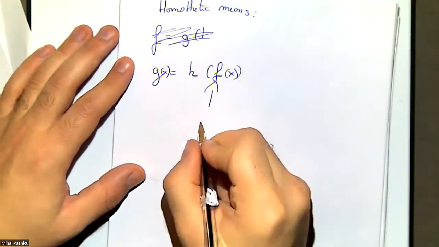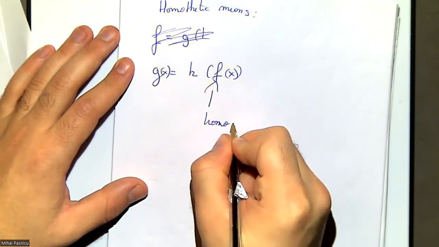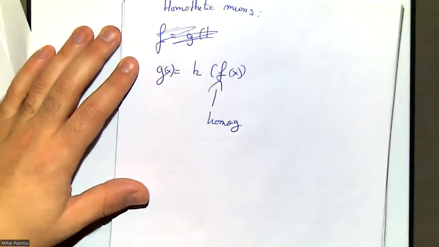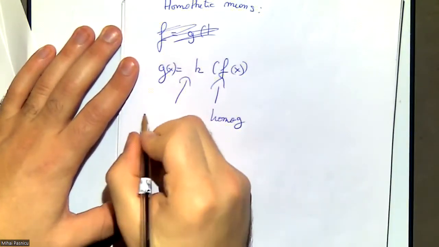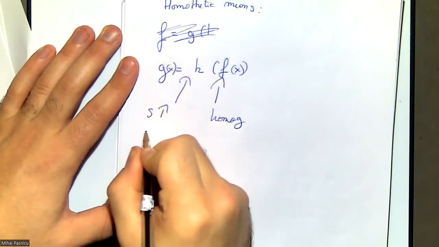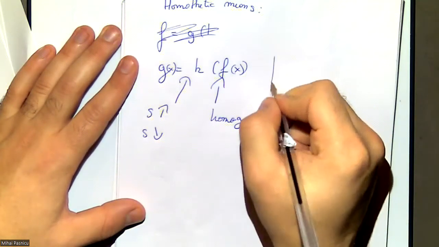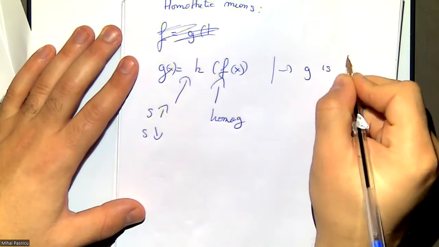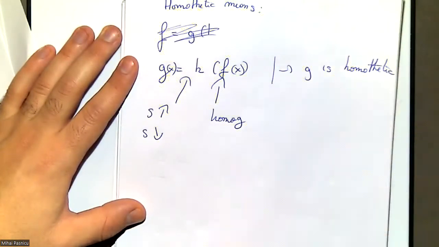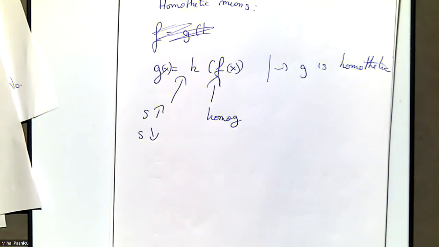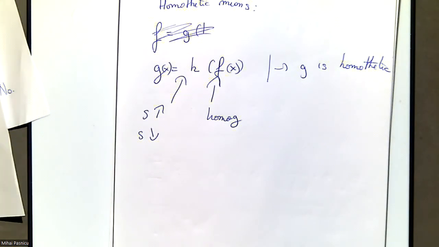If you can write it like this, where f is homogeneous, it doesn't matter the degree, it just matters that it's homogeneous, and h is either strictly increasing or strictly decreasing, then G is homothetic. Okay? This is the formal definition I think you gave in class. I'm just putting it out there.